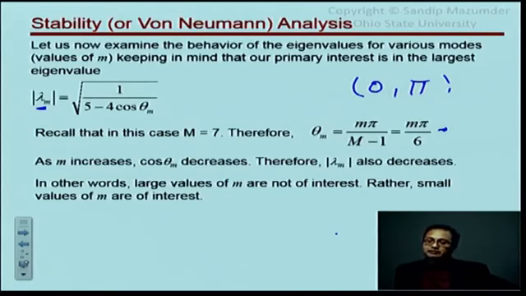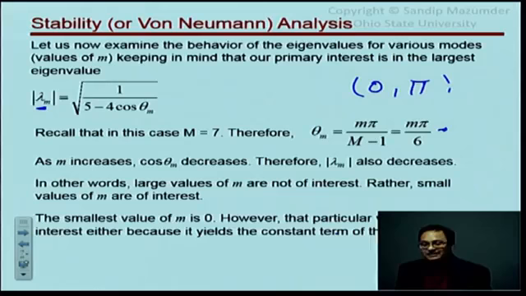Now, what is the smallest value of m? Obviously 0. But 0 basically gives us the constant term of the Fourier series. I talked about this before, because you have e to the power i theta m. When theta m is 0, you basically get amplitude times nothing. It's a constant. It's not a wave. It's like when we write polynomials, we start with a constant, then we have x, x squared, and so on. Same thing with the Fourier series.